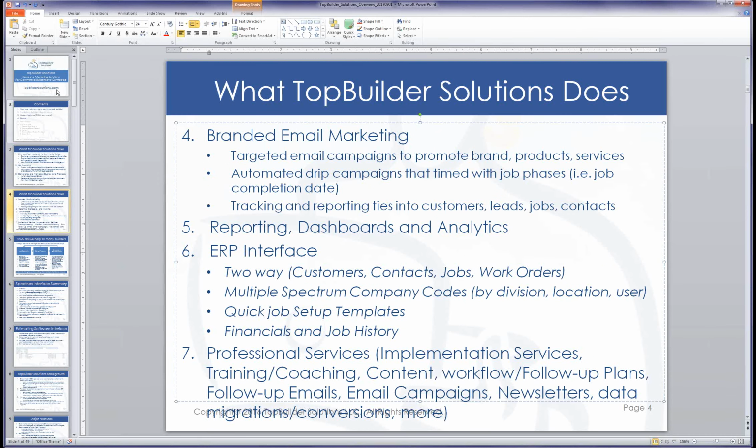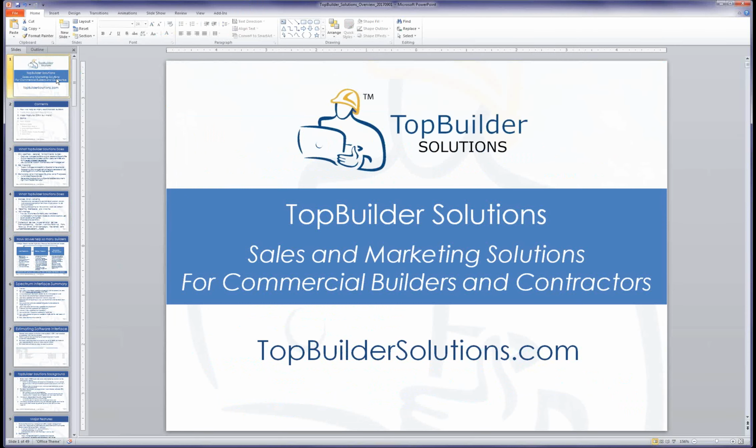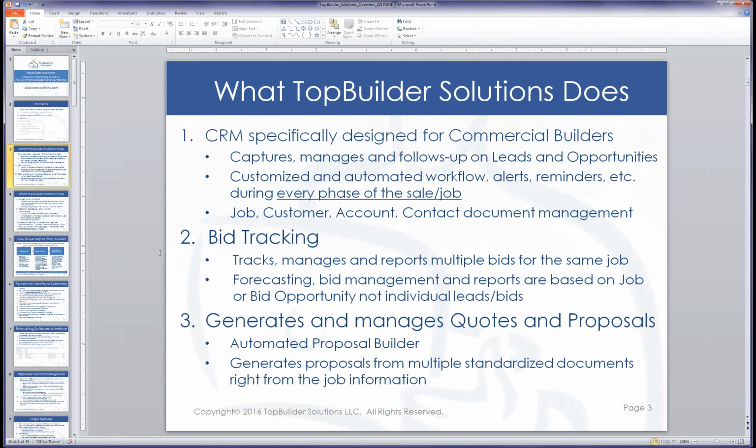All right. So the next step here is the bid tracking module. If you're a subcontractor managing multiple bids for the same job, you can set up a job and track multiple bids against that same job, and they all roll up together.